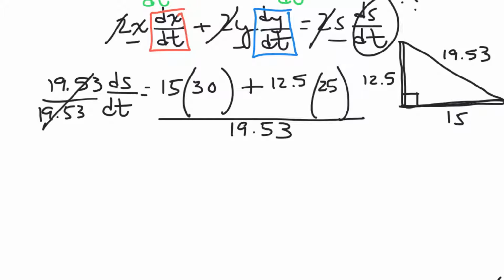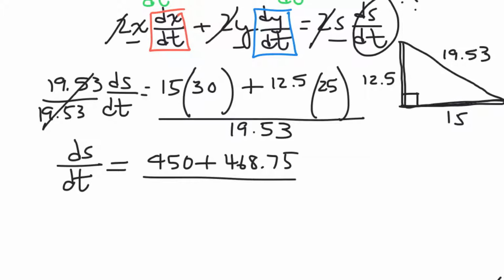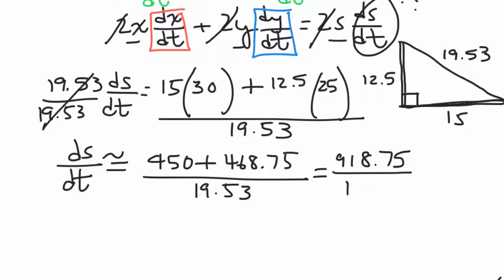Completing our problem, we see now that ds/dt, the rate at which the distance between Allison and John is increasing, is going to be 450 plus, if we do the multiplication, 468.75, so 918.75 divided by 19.53, and that is approximately 47.04.